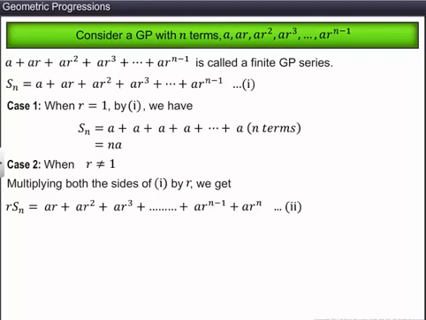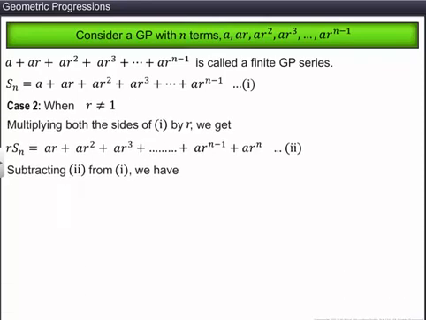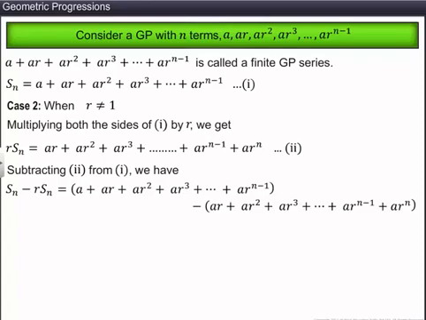Now, subtracting equation 2 from equation 1, we get Sn minus r into Sn is equal to a minus a into r raised to the power of n.